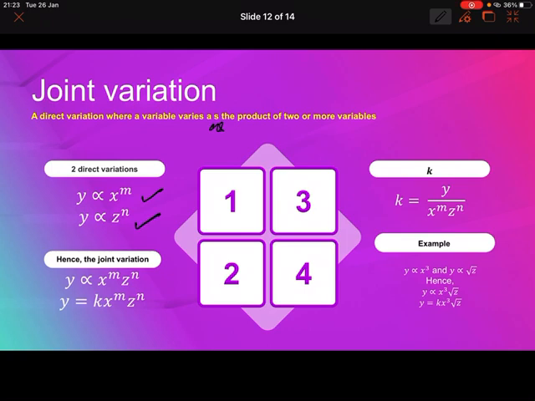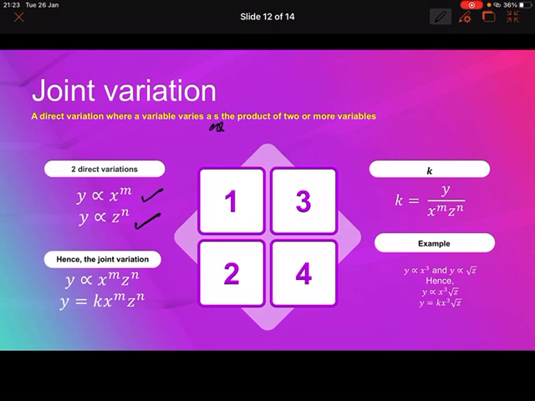Hence the joint variation is y varies directly as x power of m times z power of n, so we can write y equals k times x power of m times z power of n. It's just a joint of two direct variations.